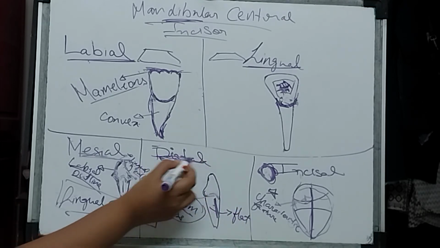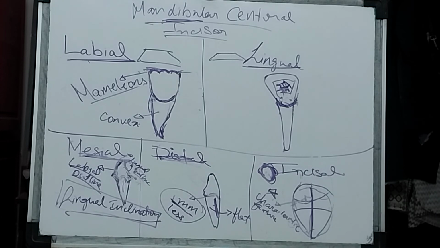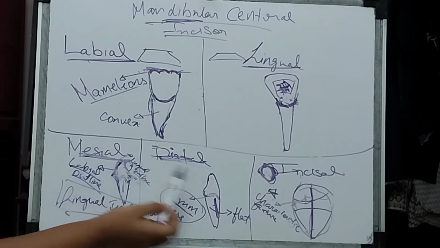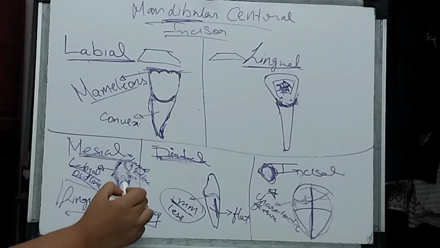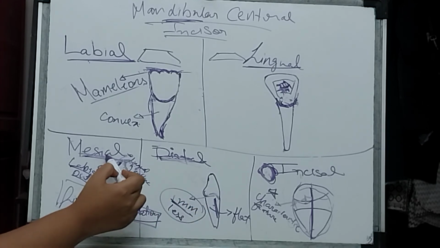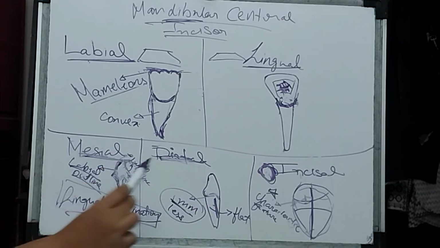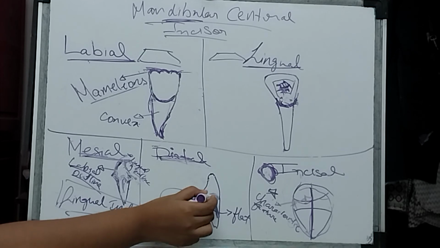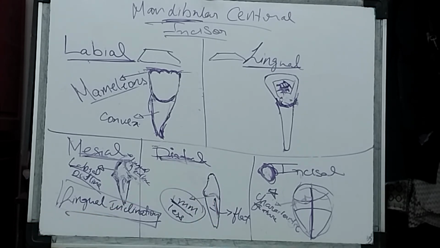So you can see either from the distal or mesial aspect, the root is flat. And there are deep developmental grooves in the distal side. Both the mesial and the distal side have developmental grooves, but in the distal side the root has a deeper developmental groove.